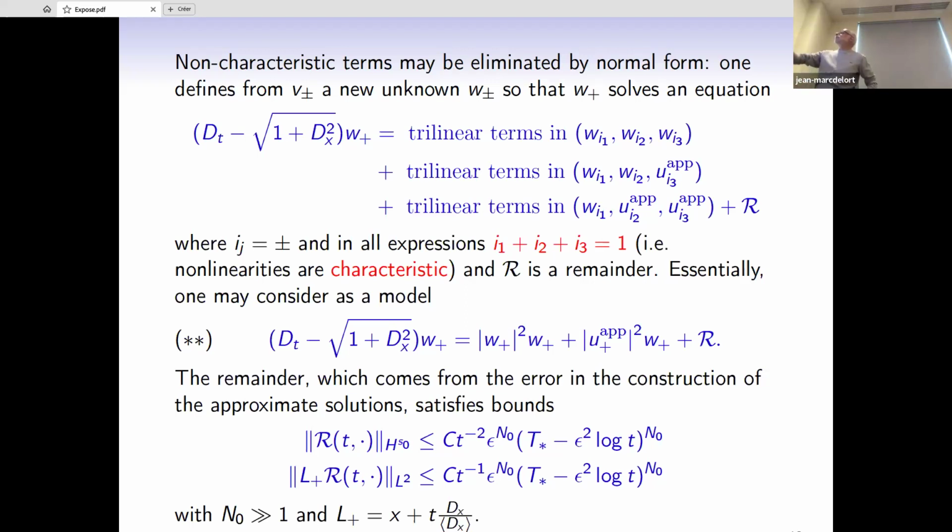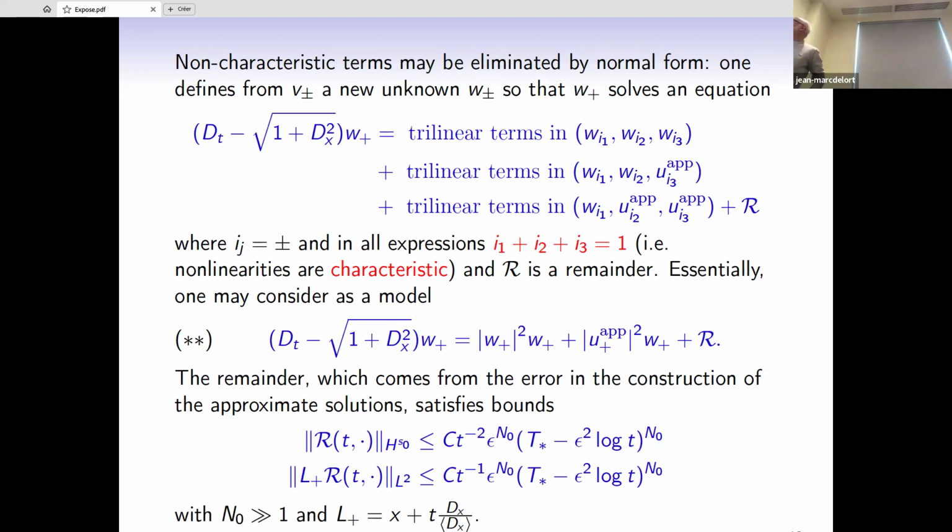And so, as a model, let me consider the case when these complicated terms are given just, for instance, by modulus of W plus squared W plus, modulus of W plus up squared W plus, plus the source term. And so the key point is the fact that if you have constructed your approximate solution in an accurate enough way, your source term will be very good.